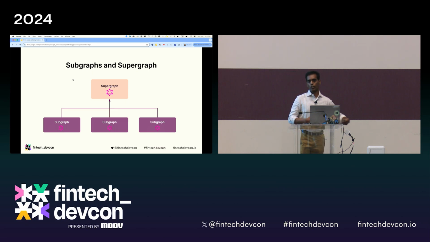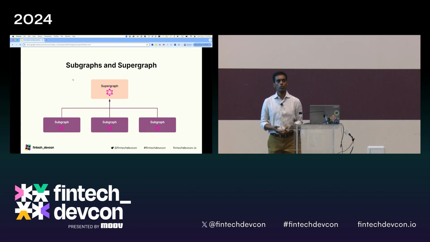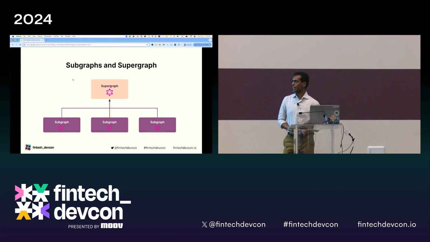But as you grow, or if you are acquired or acquire another organization, now you may have two or more GraphQL APIs. In that type of scenario, we refer to each of those GraphQL instances as subgraphs.